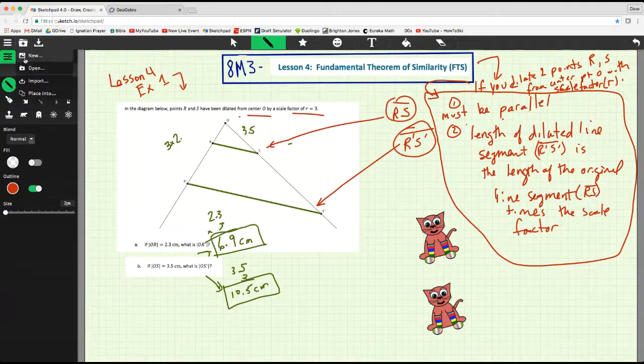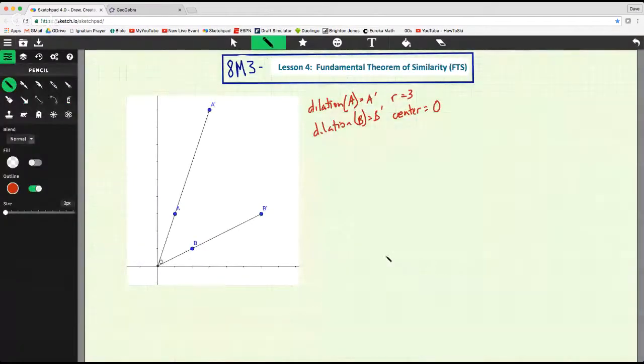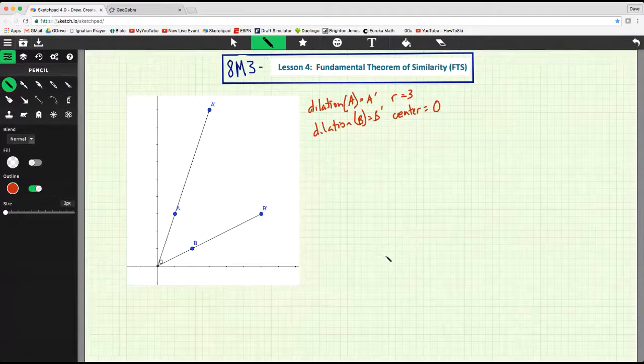Now let's go about seeing if we can prove this thing with a little bit of sense here. So let's say that we have used a dilation with these parameters. We've taken A and dilated it to create A prime, and we've dilated B and created B prime, and we've used the center at O, and our scale factor is 3.